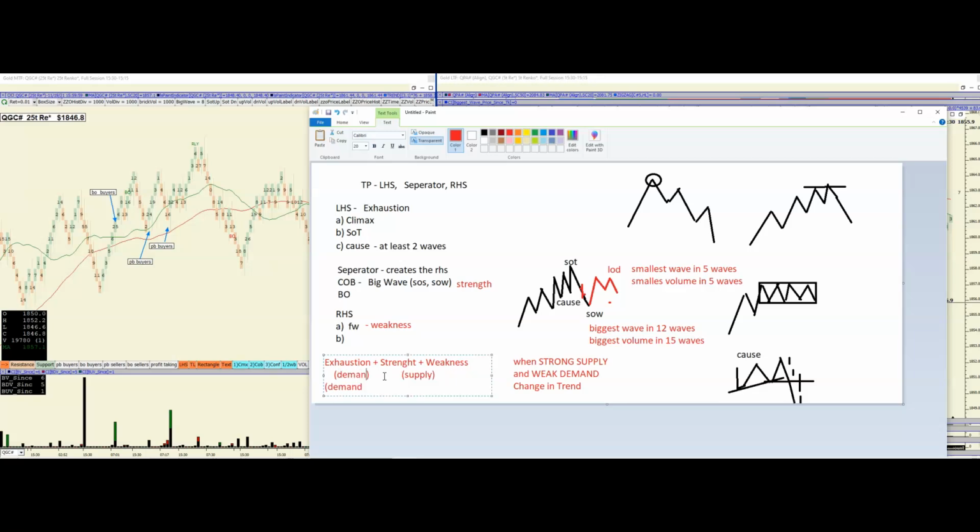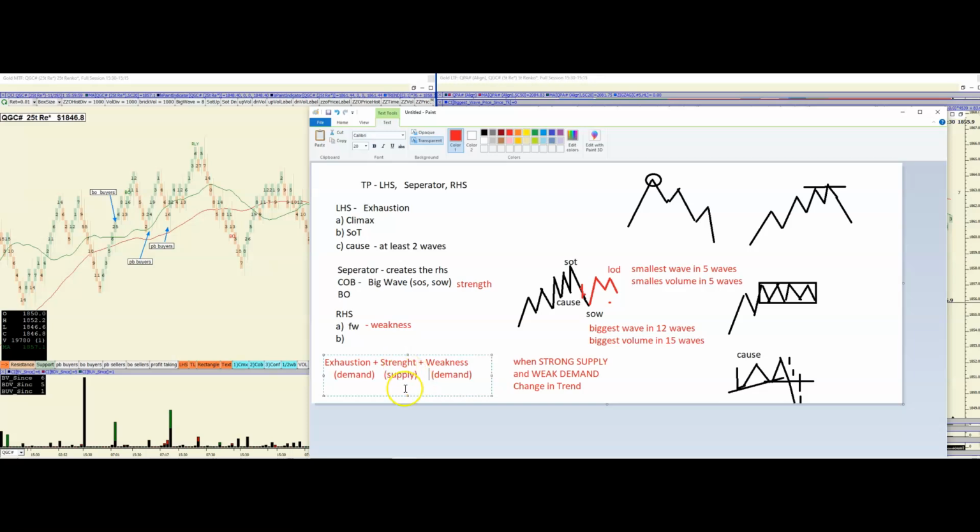All right, so exhaustion of demand plus strength in supply plus weakness. Exhaustion in demand, which is caused by your climaxes or shortening of thrust, plus the strength in supply, that sign of weakness, followed by an attempt again by demand, which clearly indicates weakness, will break the trend.